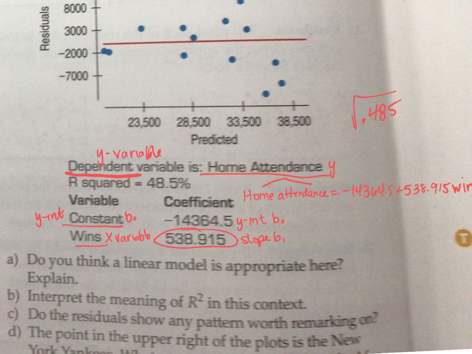So the square root of 0.485 is 0.696. So r squared is 0.485. So r is the square root of r squared, which would be 0.698.